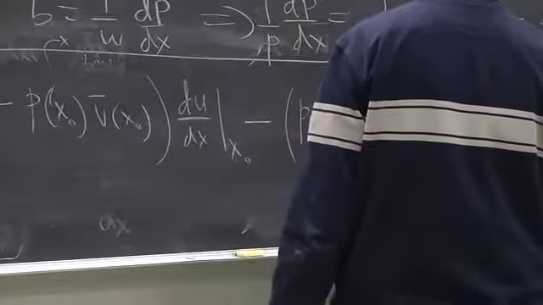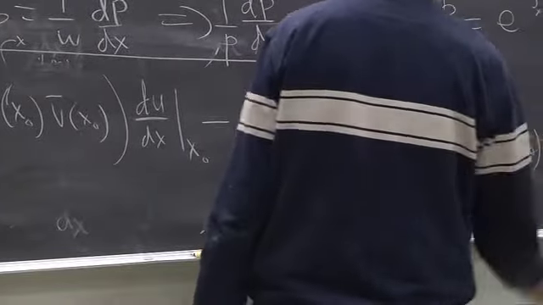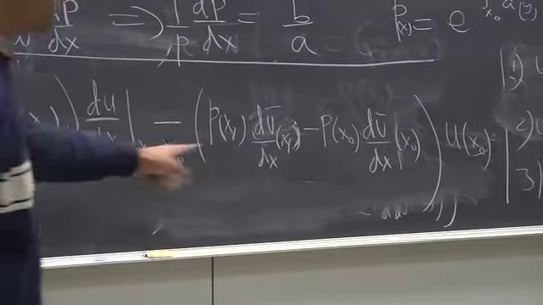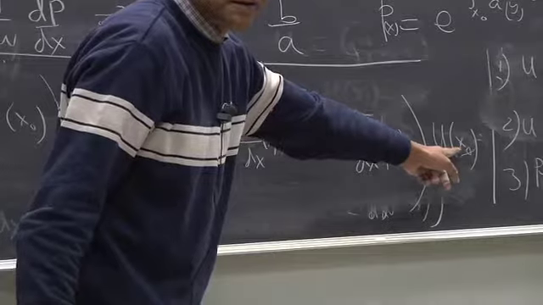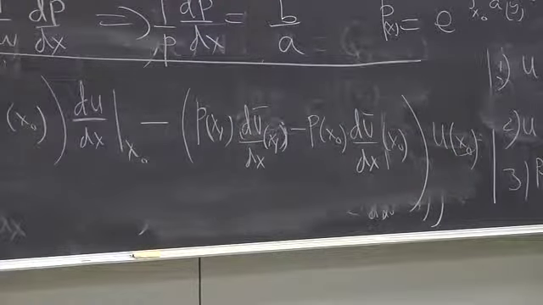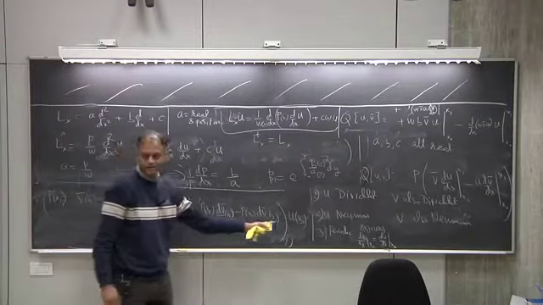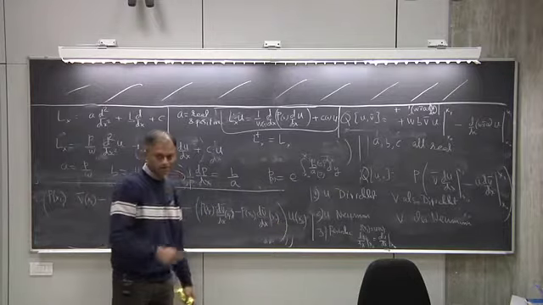This is multiplying u at x0. But these are arbitrary, right? So the condition for v is that this must vanish and that must vanish. That's the condition.